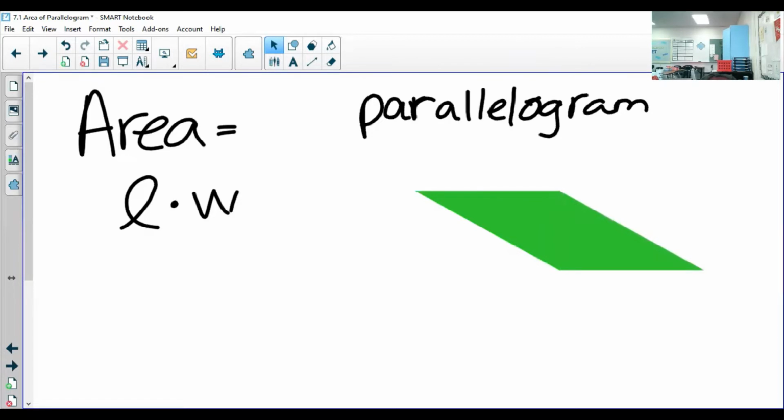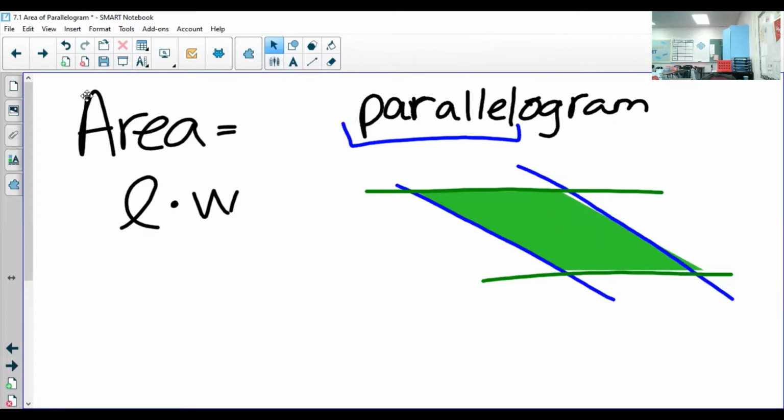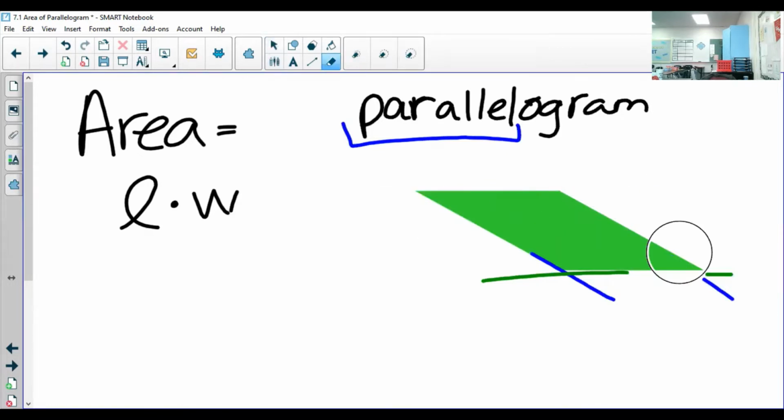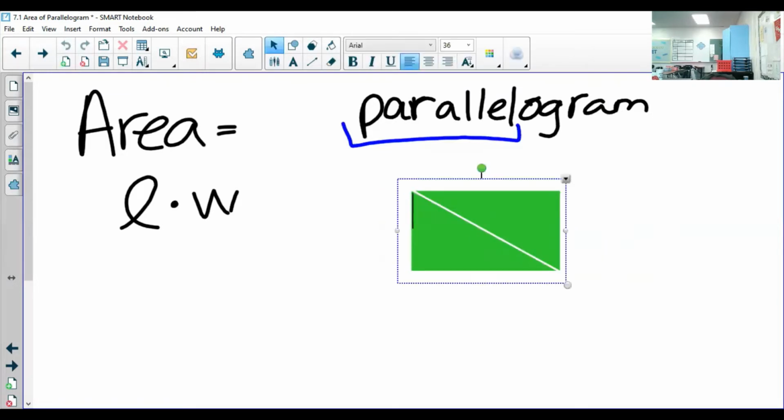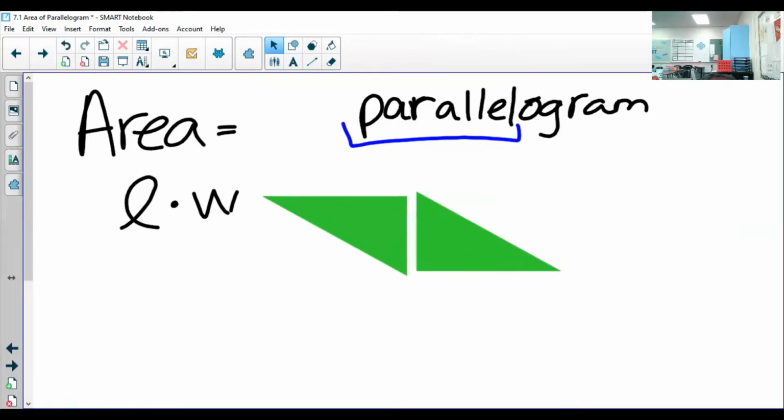If you look at the base word of parallelogram, it's the word parallel, right? So we've got parallel lines, lines that are never ever going to touch. And there's another set of parallel lines running this direction. And that's a parallelogram. All you do is just take a rectangle, oops, pretend those are back together, right? Just take a rectangle and move one of the sides over, cut it in half and move it over.